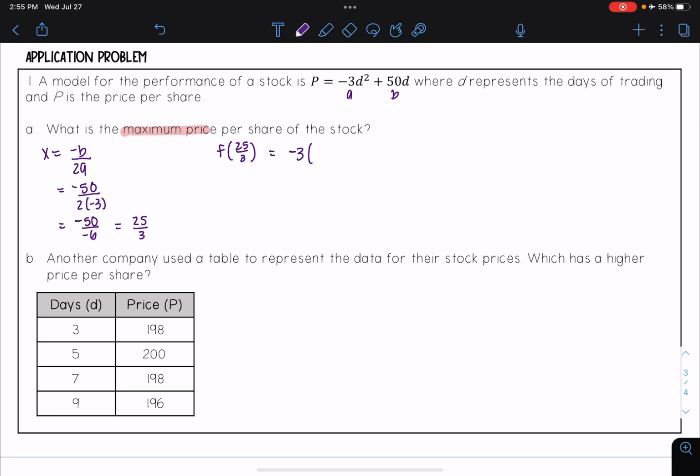So I have negative 3 times 25/3 squared plus 50 times 25/3. So 25/3 squared, I'm really just doing 25/3 times 25/3. And when I do that, 25 times 25, I get 625, and 3 times 3 is 9. Plus 50 times 25, I get 1250.